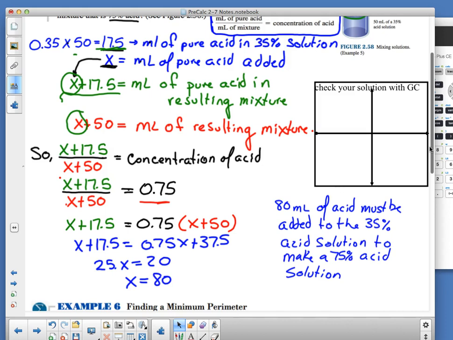How did I find this 17.5? 17.5 is the amount of pure acid that exists in that 50 milliliter solution, okay? And that solution was created from pure acid and distilled water. But you didn't have to know that. You just had to know that when we make the increase, we're adding pure acid to pure acid, and we're adding that pure acid to the total volume, and that's where I got my X plus 17.5 all over X plus 50. Okay? Is it making sense?